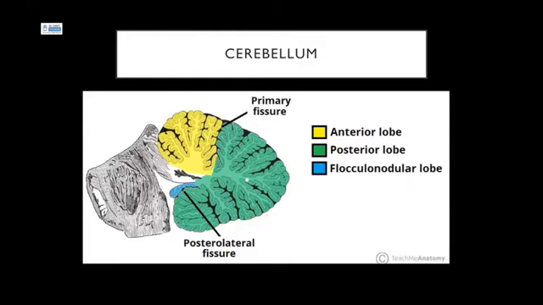So the cerebellum has 2 hemispheres which are connected centrally by the vermis. There are 3 anatomical lobes that can be distinguished. So we have the anterior lobe, the posterior lobe, and the flocculonodular lobe. And these lobes are divided by 2 fissures, the primary fissure and the posterolateral fissure.